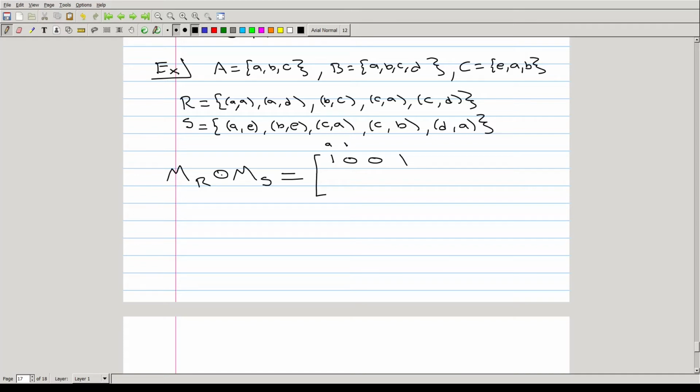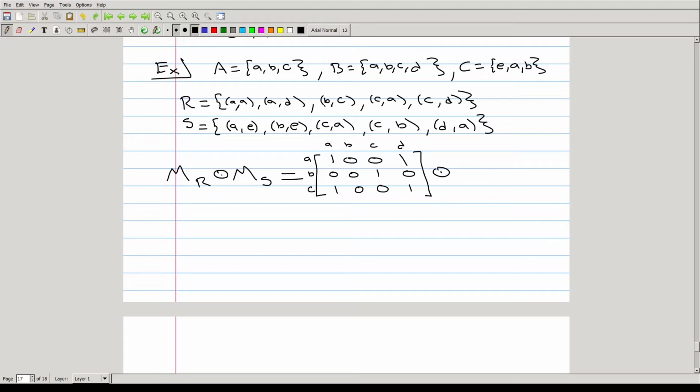And it is A, B, C, D that these columns represent, and the rows represent A, B, C. So AA is in this relation, and AD is in this relation. BC is the only element starting with a B in this relation, and CA is in the relation, and CD is in the relation.